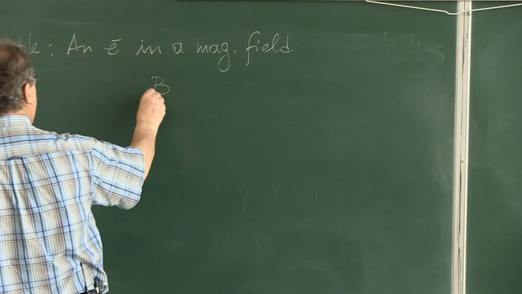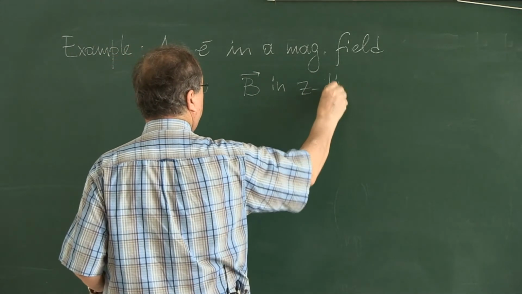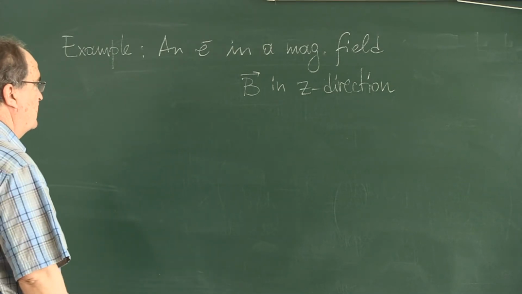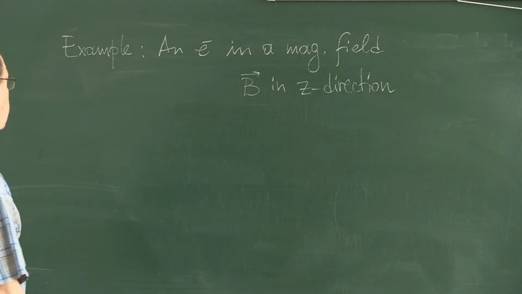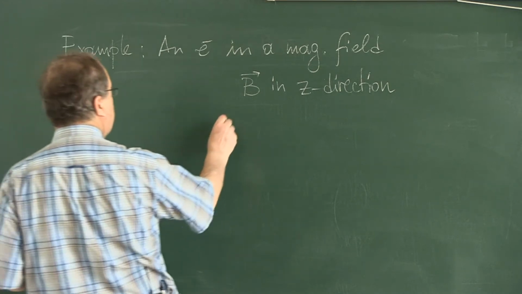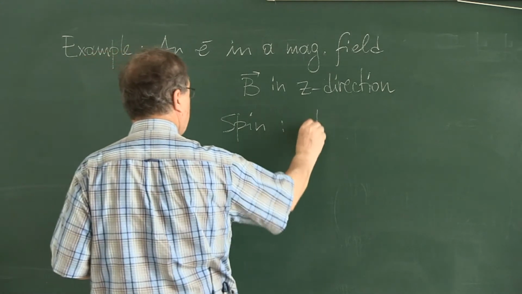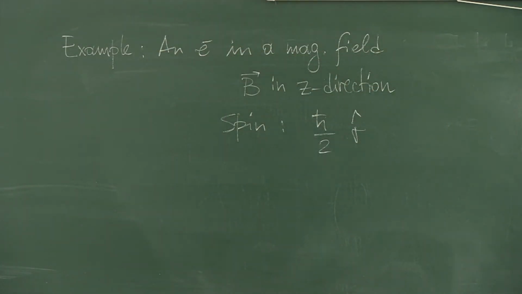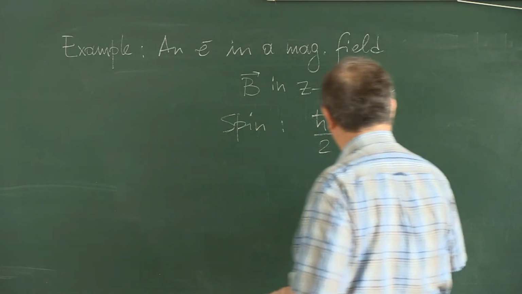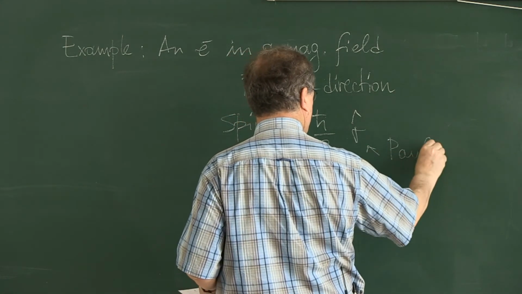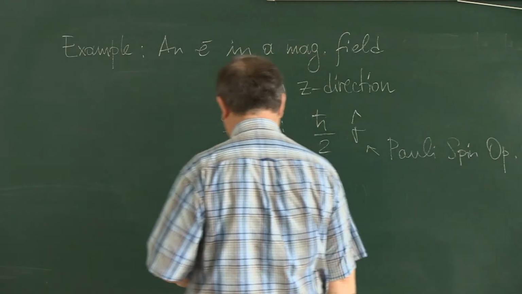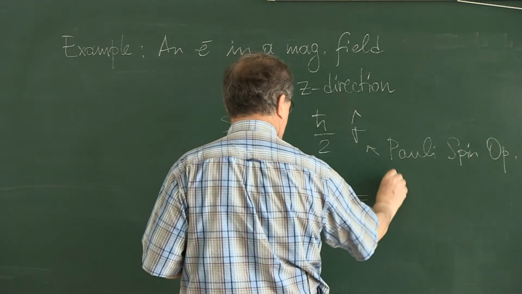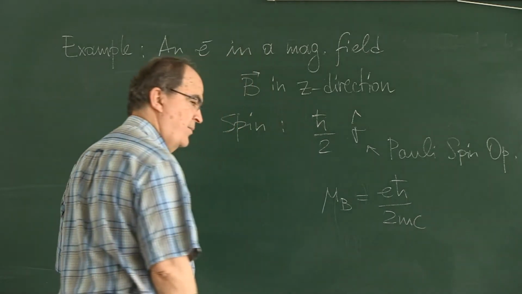Let's denote that by B. Apply it in the Z direction, or call the direction of the B as Z. The intrinsic spin of the electron is shown by Pauli spin operators corresponding to the spin, and the magnetic moment in terms of e h bar over 2mc, or magneton.